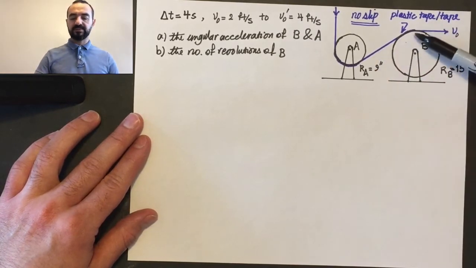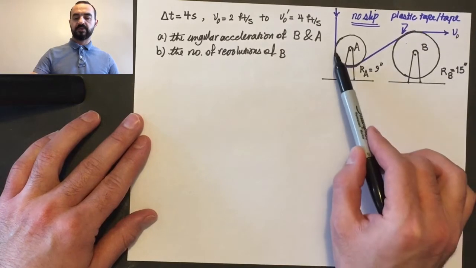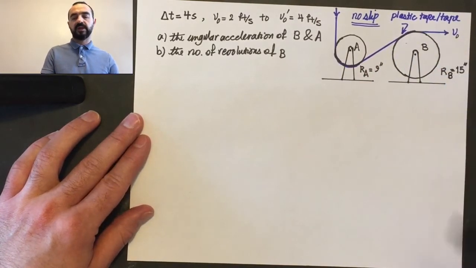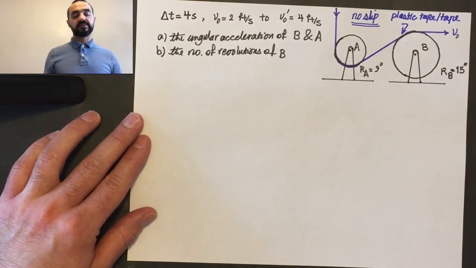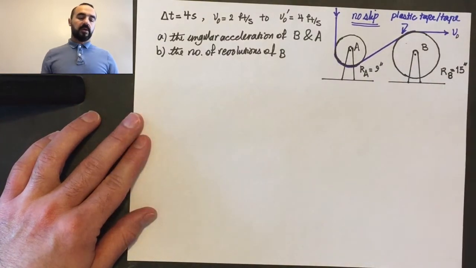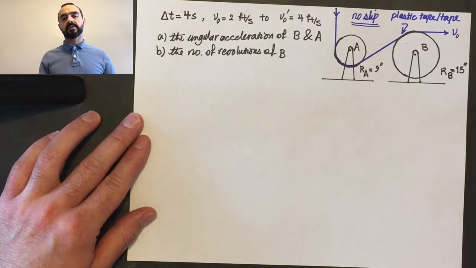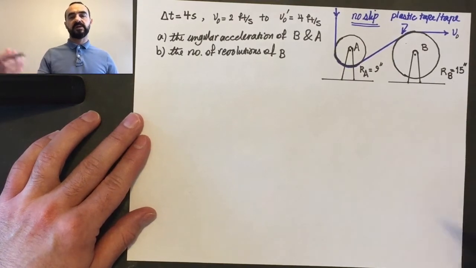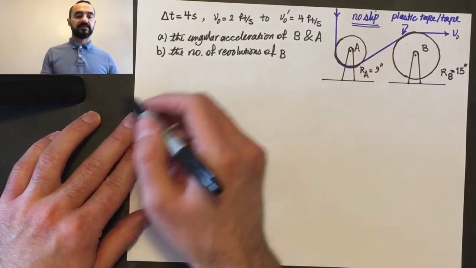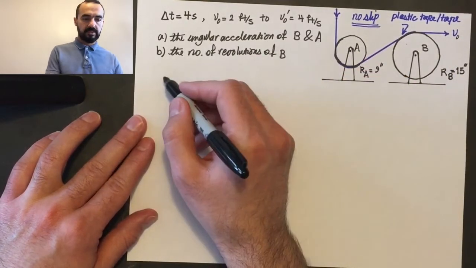This is true for this point, this point, and this point, any point on this tape. So we know that velocity goes from 2 to 4 feet per second uniformly during this delta t, so we can go back to our fundamental relationship between velocity and acceleration and compute the translational acceleration of any point on this tape.